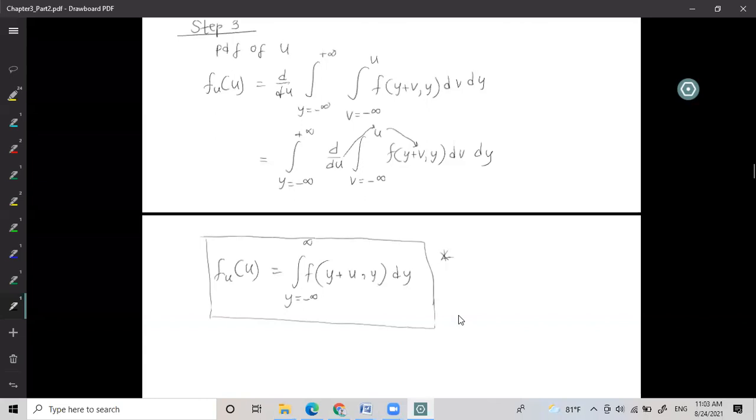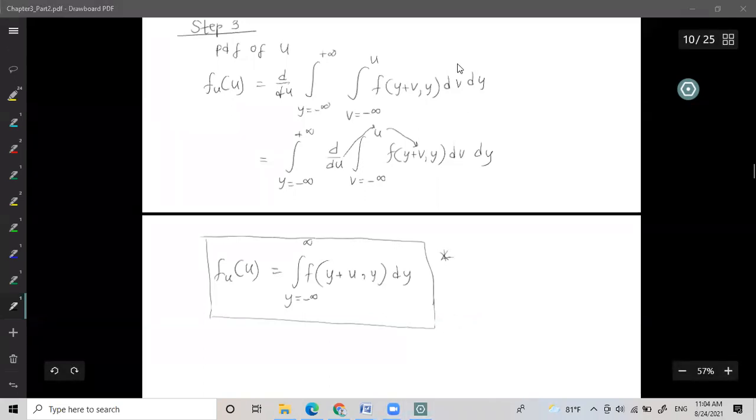Now, what do you think? Where will these types of transformations be useful? If you use the other way around, your final answer will be in x's, not in y's.